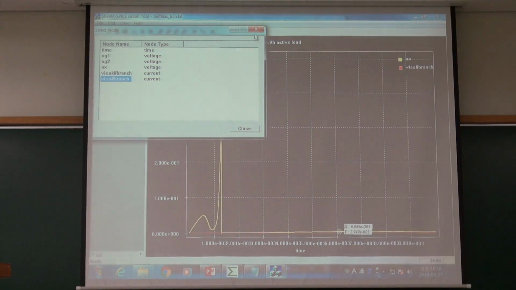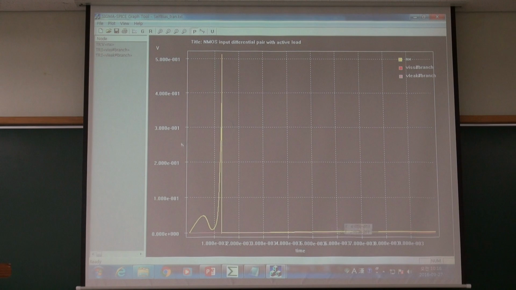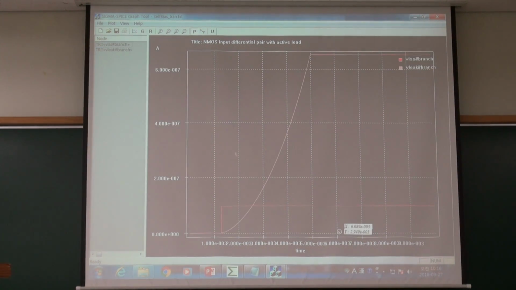Actually, I have to eliminate that part. Okay, leakage current. So this is my current through the resistor, I think. Around 99 nanoamp. How about the leakage current? Leakage current is 657 nanoamp. Huge, right? Still huge, much larger than that.